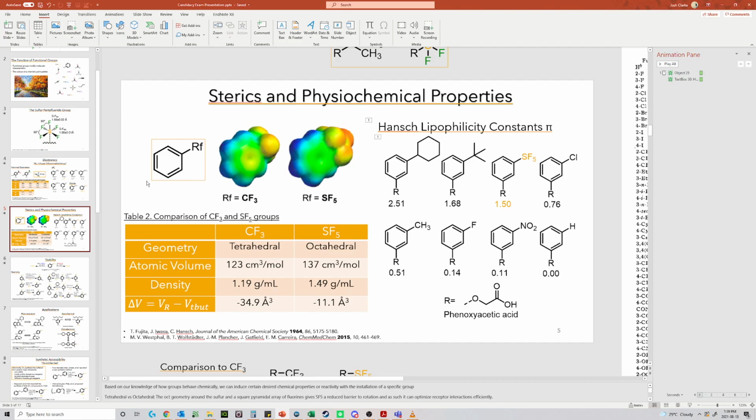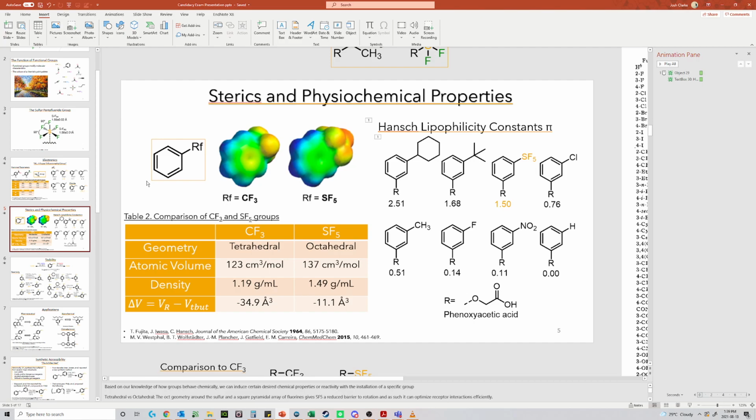Oh yeah, but it does, strangely, participate in more LDF than a nitro group would, just because there's more active electron surface because of all the fluorines. So I guess it would. As you said, it's huge, right? That's why it has more dispersion interactions with the solvent.